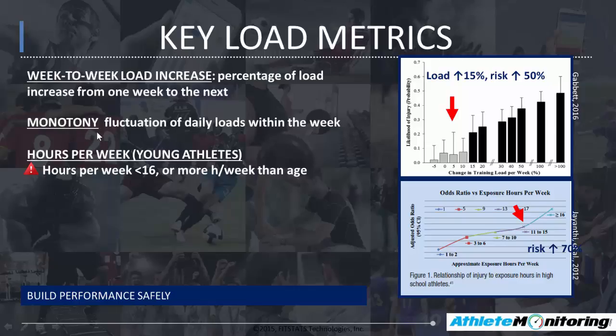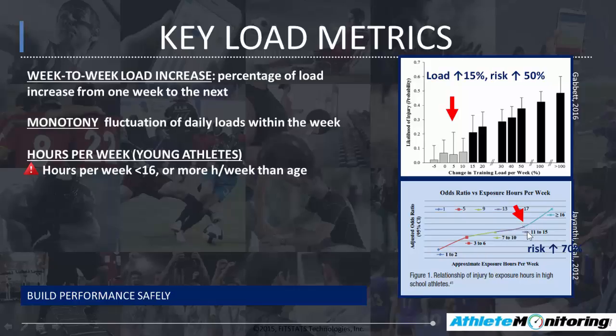The monotony, that's a metric from Carl Foster back in the late 90s. That's the fluctuation of training load within the week. High monotony, typically above 2, is often linked to burnout and overtraining. And especially if you work with young athletes, the number of hours per week is very important to keep in check. That's from the work of Jayanti, the US sports scientist.